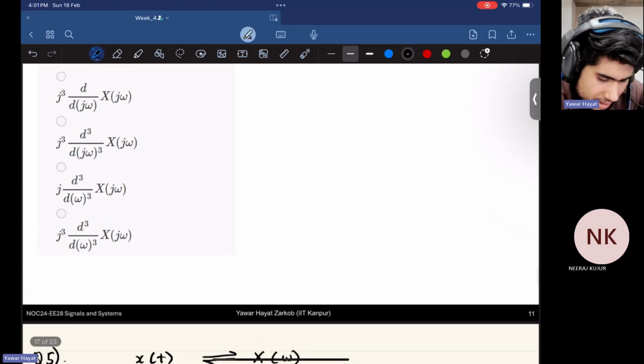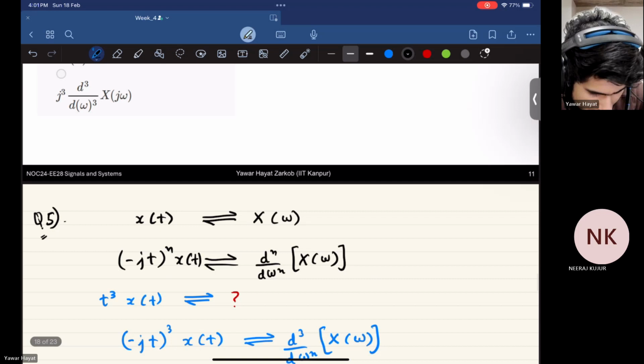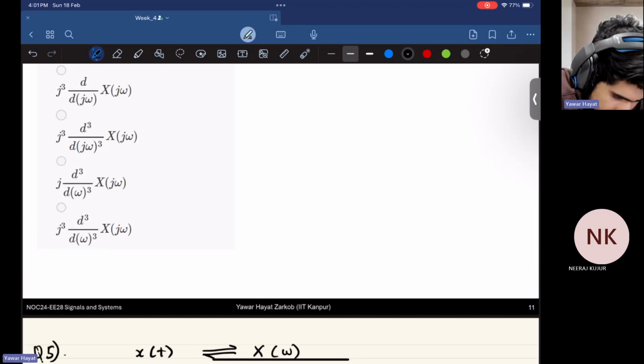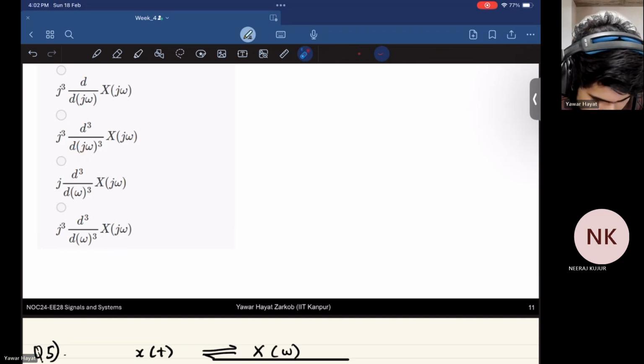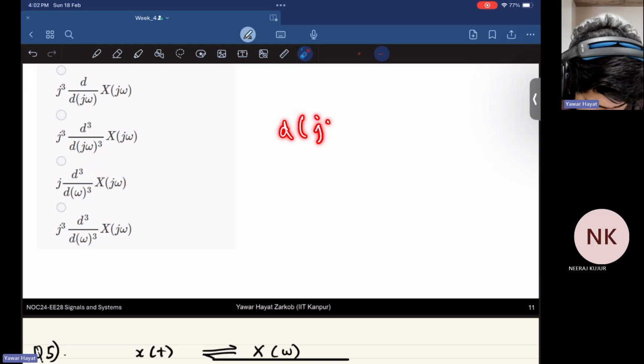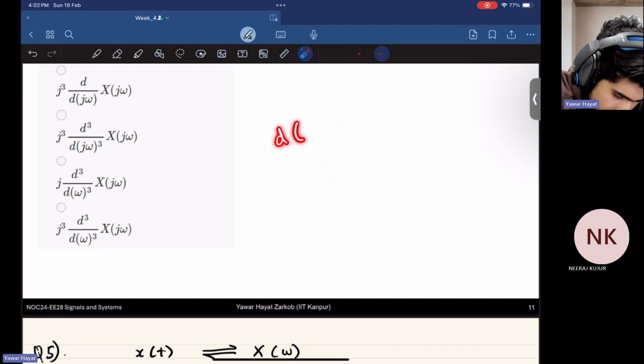Okay, so which option is correct? So second one. Yeah, but notice there is this j inside this differential, right? Differential of j omega, that is j times d of omega. Differential of j omega is j times differential of omega, right?